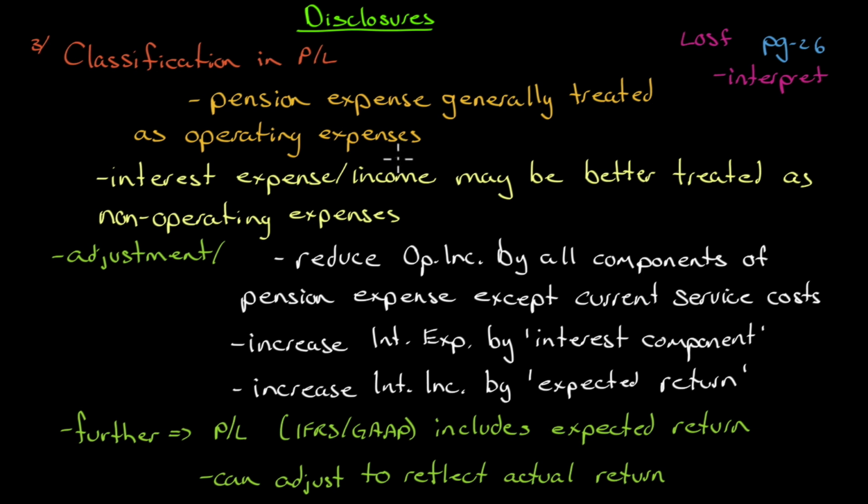When the pension costs are sent to P&L, and you know there are components of the pension cost, there's the service cost component, which makes sense that should be an operating cost, but there's also the interest cost based on the outstanding net liability or net asset. And there's an argument that probably is better looked at as a non-operating cost as opposed to an operating cost.